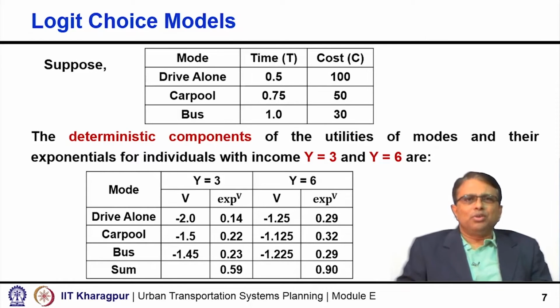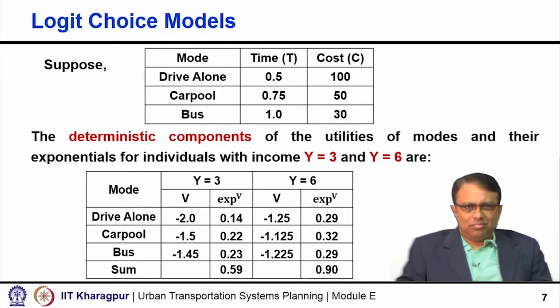So, for y equal to 3, using the drive alone travel time and travel cost, we can calculate the value of V, the deterministic component of utility for drive alone. So, it is minus 2.